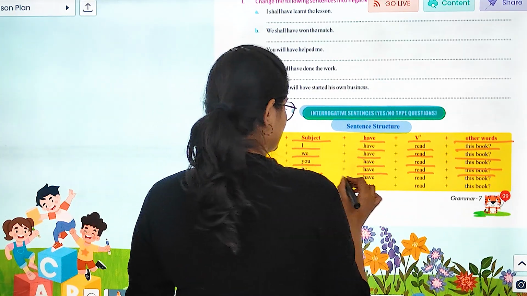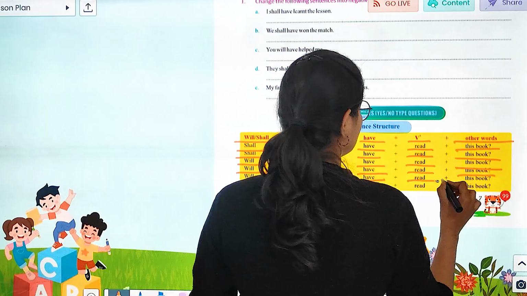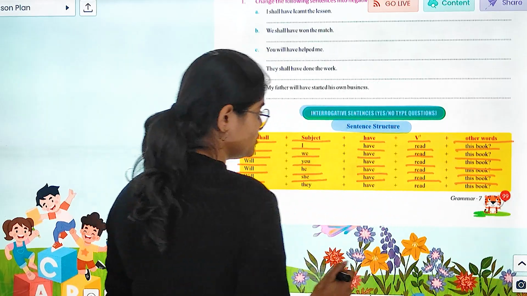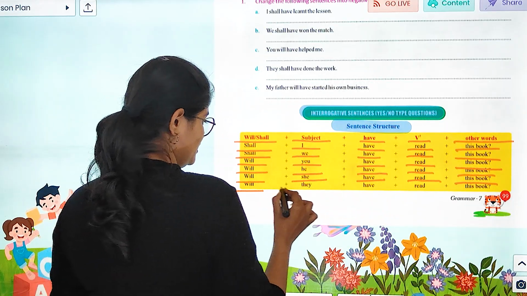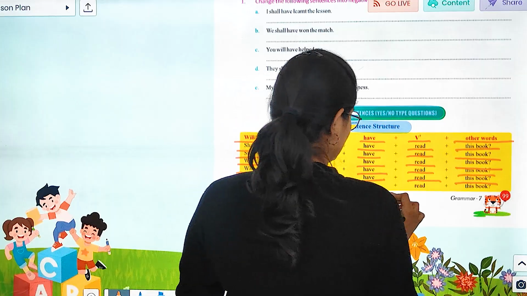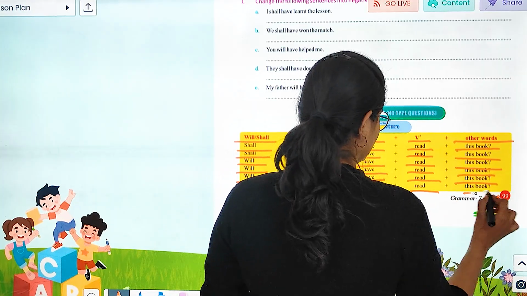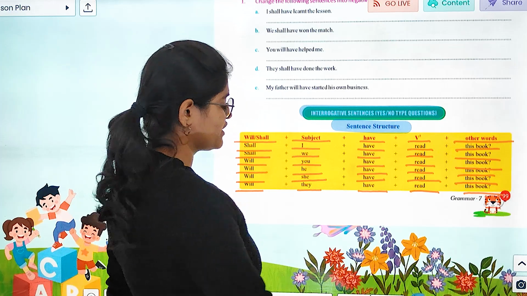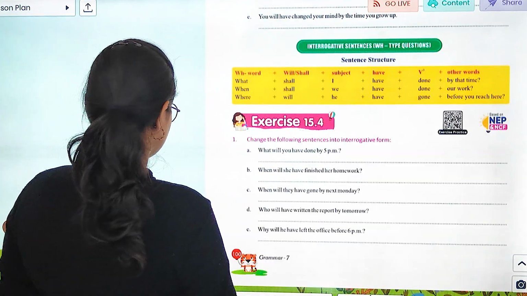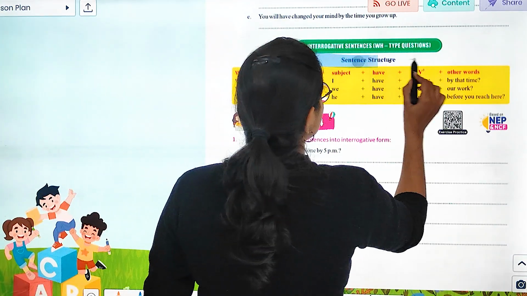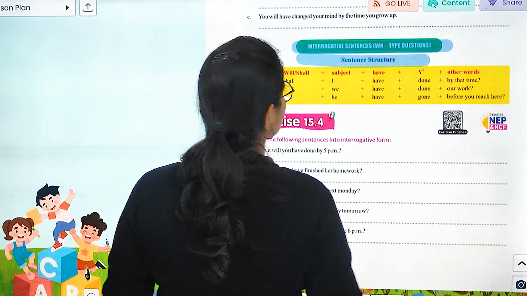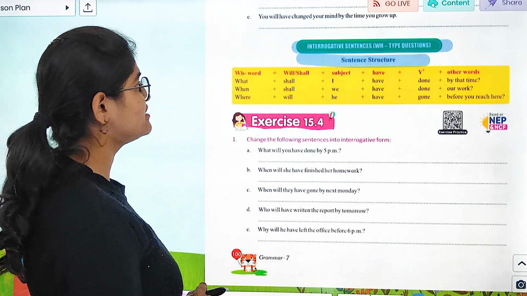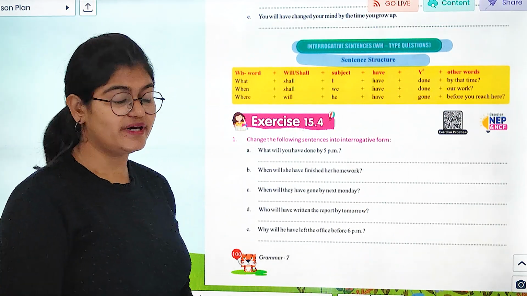Will she have read this book? Will they have read this book? Right? Now, moving ahead, we have the sentence structure of interrogative sentences, that is, the WH type questions.